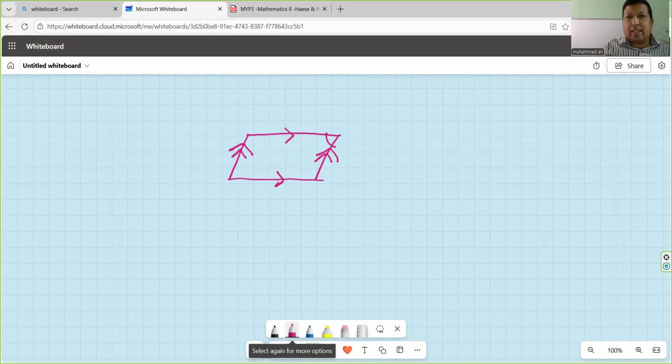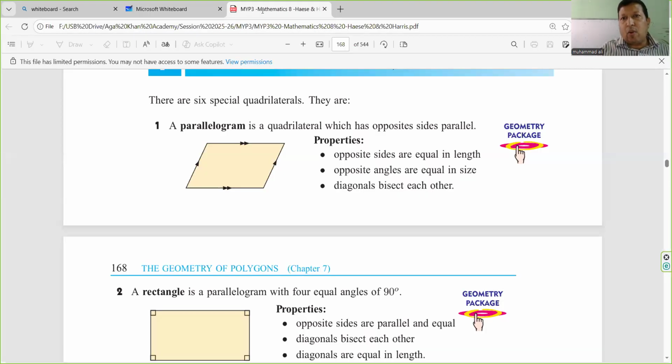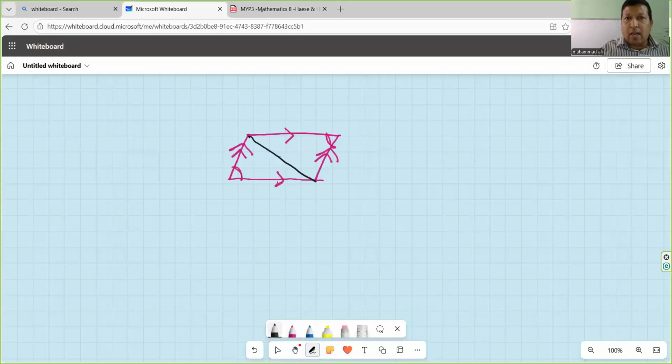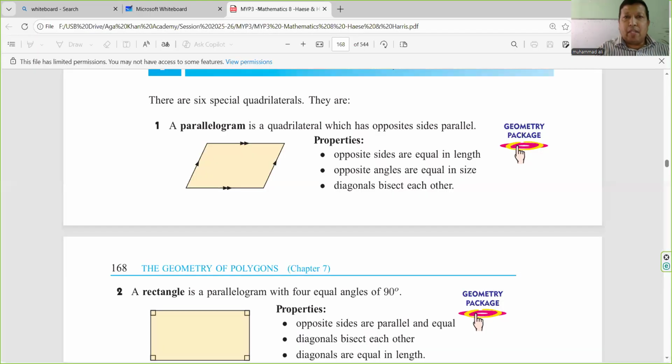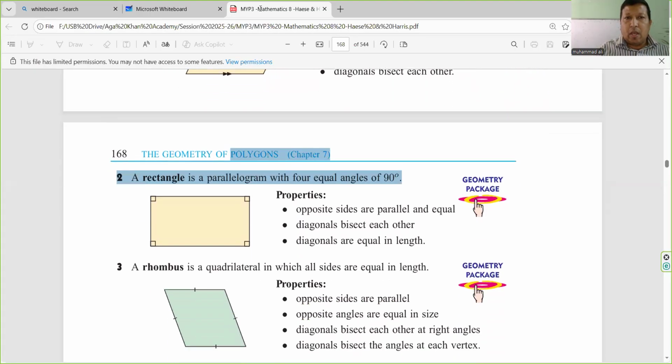Opposite angles are equal, and very important, diagonals bisect each other. This is one diagonal, that one is another diagonal, they bisect each other, equally dividing both of the diagonals, right? So this is the properties of a parallelogram.